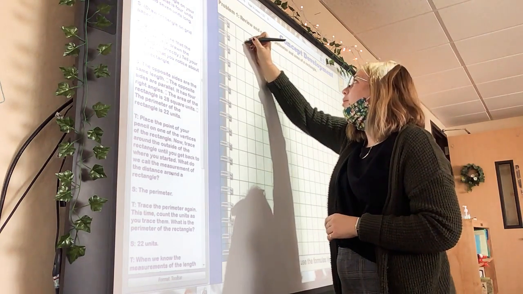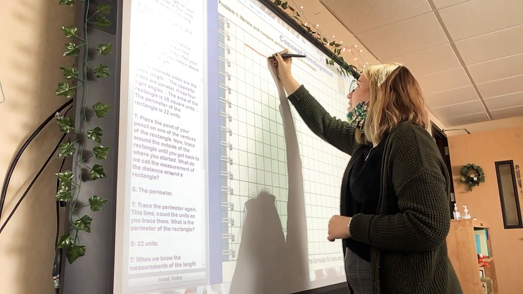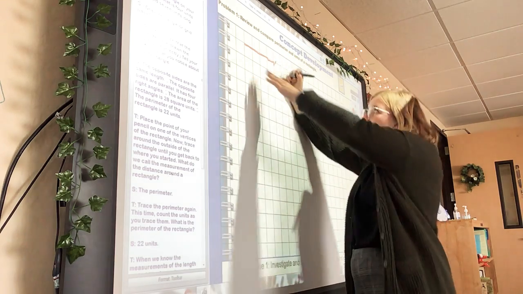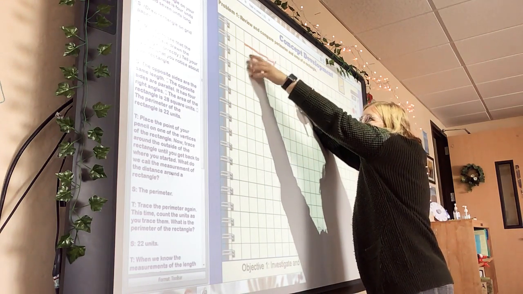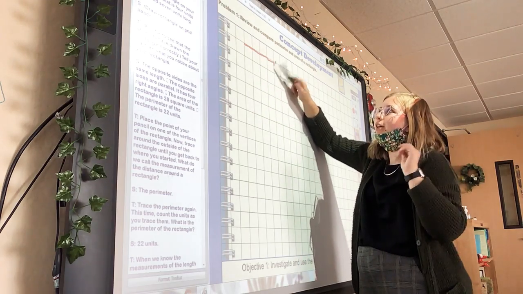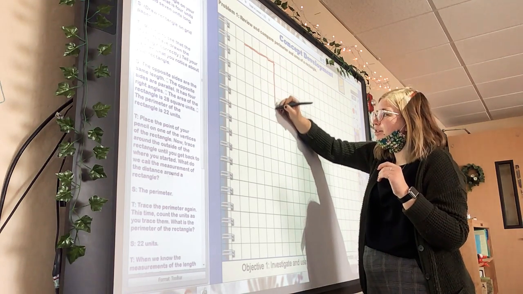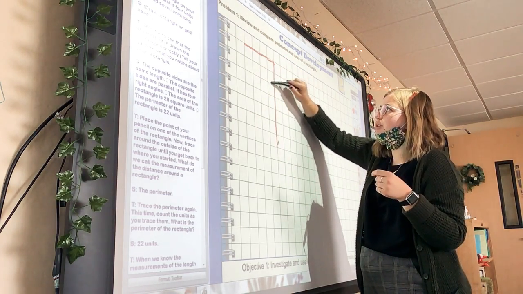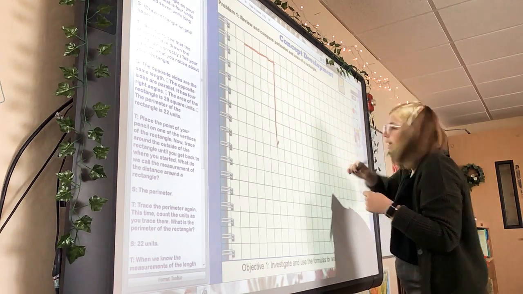So we're going to do a grid that is 4 units long, or wide, it doesn't totally matter. So 4 units long, 7 units wide, or vice versa. 1, 2, 3, 4, 5, 6, 7.